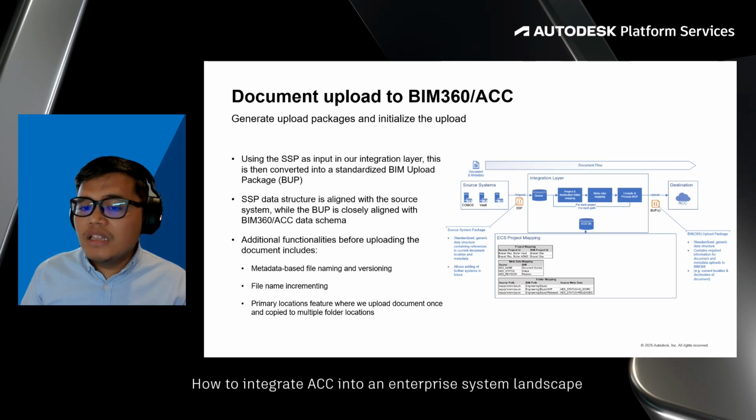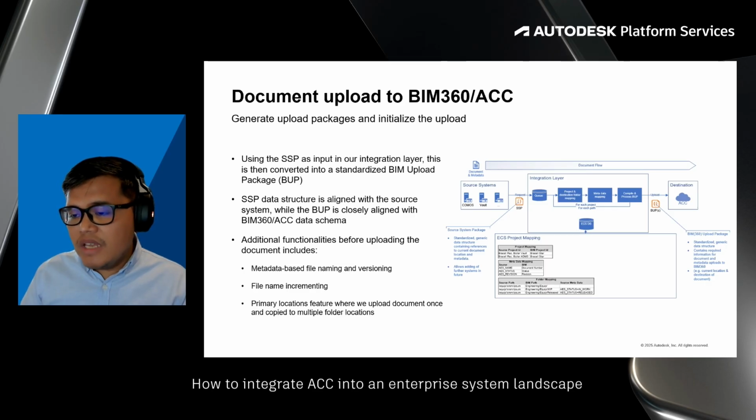It only allows us to search the document name, excluding certain metadata. Hence, with this metadata-based file naming, we can now search in mobile using just the document name, since the metadata is already included there.